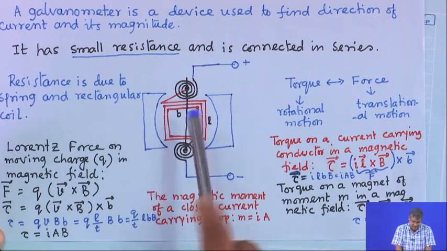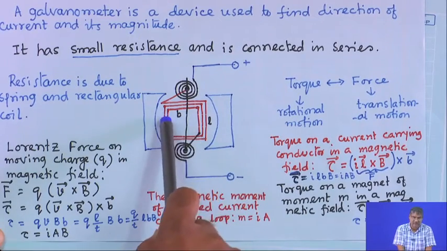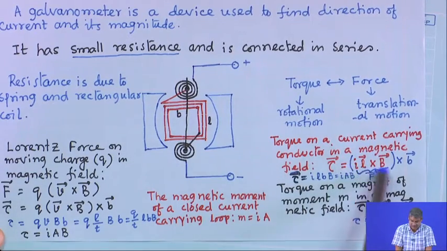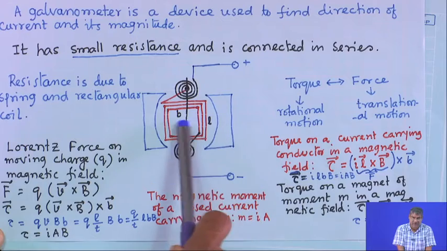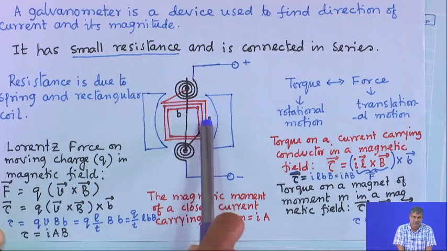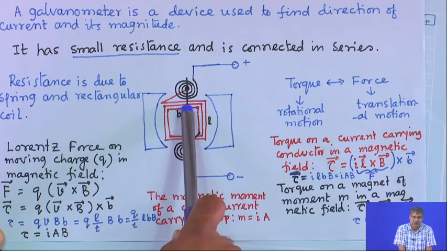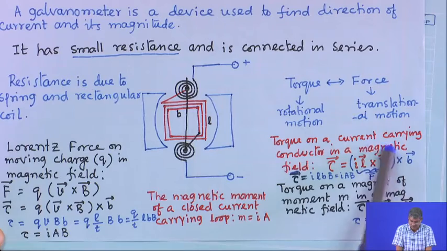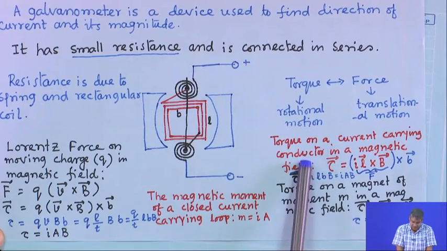As I mentioned, there will be two forces in opposite directions on this arm and the other arm. Their perpendicular distance is b. So, force into that distance between these two forces b, this force cross product of b will give you the torque. This way one can find out the torque.